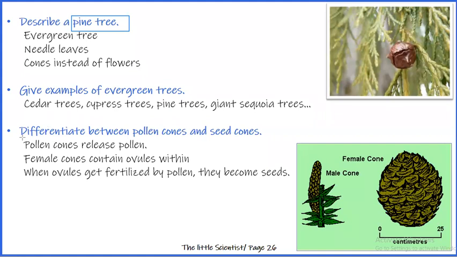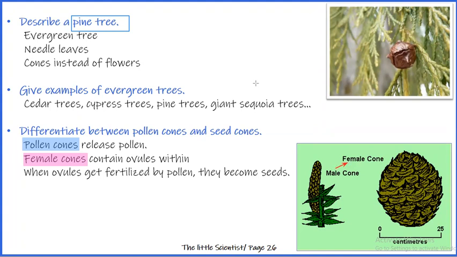So I will highlight them in blue. The pollen cones are the male cones that make pollen. The female cones, which are the seed cones, they have the ovules inside. The wind will take pollen from the male cone to the female cone.